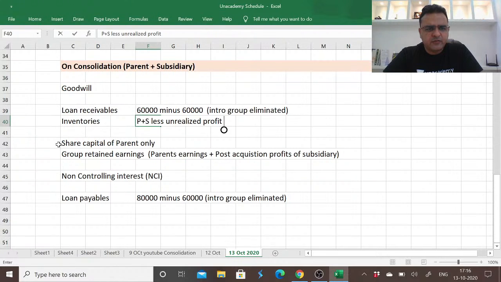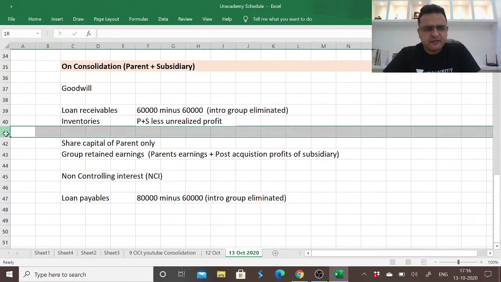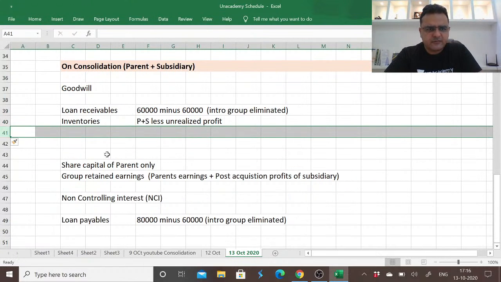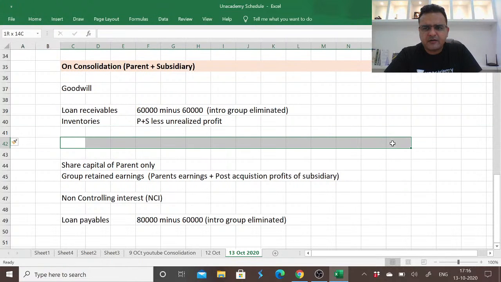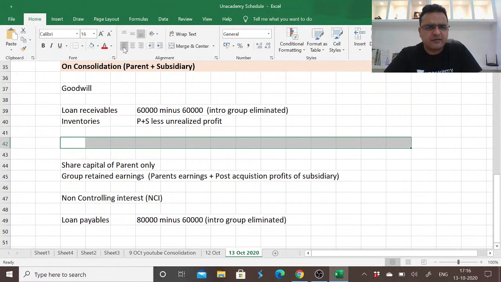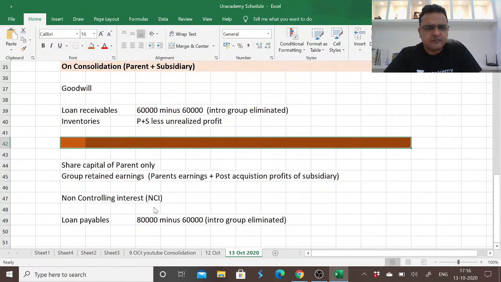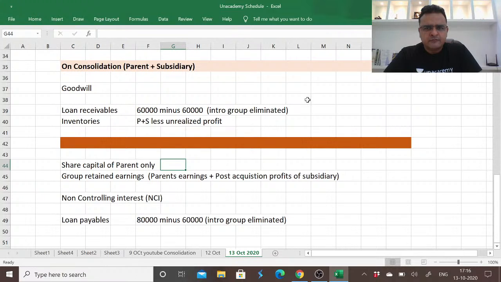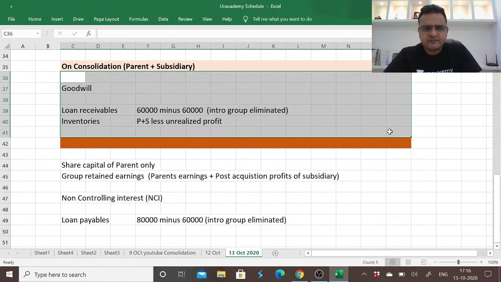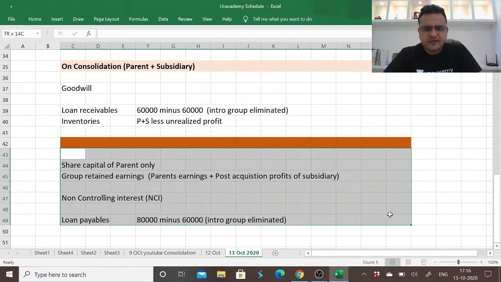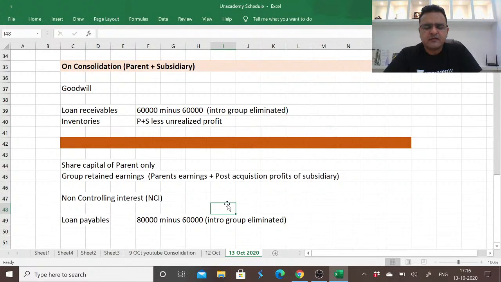So if I divide it into two parts, I draw a line below it, which is the credit balance. Suppose this represents the debit and this represents the credit balance.